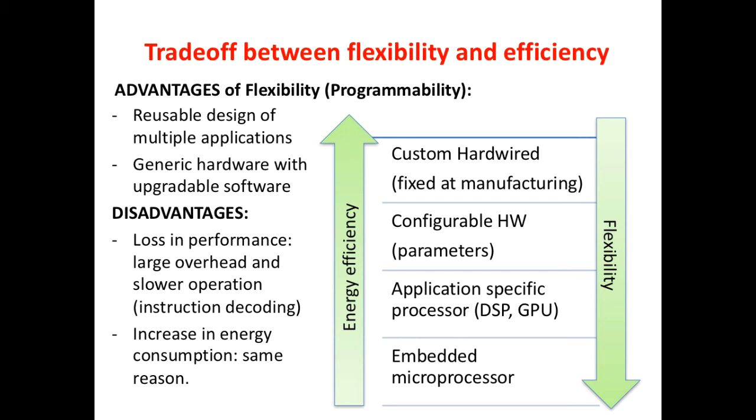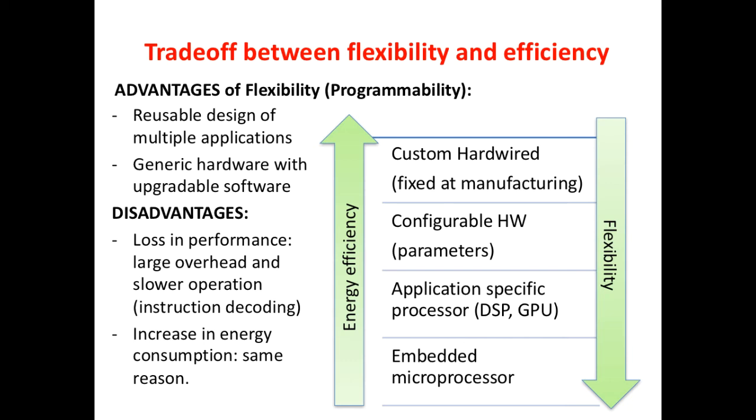You can do it with a custom hardware, or with a custom hardware with configurable parameters, or with a DSP, or again with an embedded microprocessor. So all the four possibilities are available.